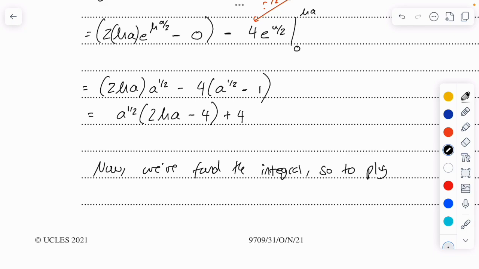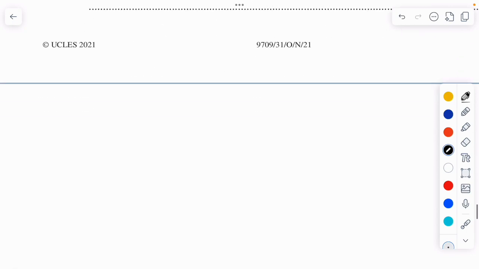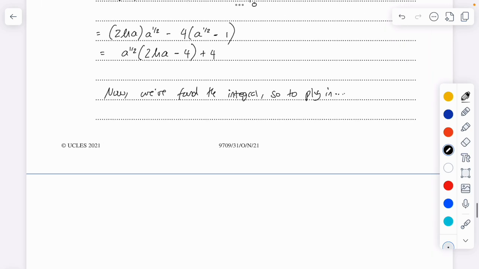The next step is to plug in. Okay, so if we plug in now, we get a to the half times (2 ln a minus 4) plus 4, that equals 6.